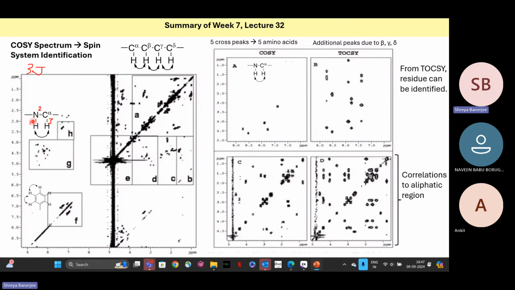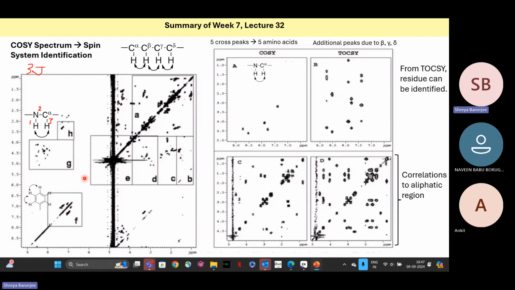You have different regions of the COSY spectra. This F region is basically the correlation between aromatic protons. If you have an aromatic ring, the correlation between these two protons or these two protons is found in this F region.